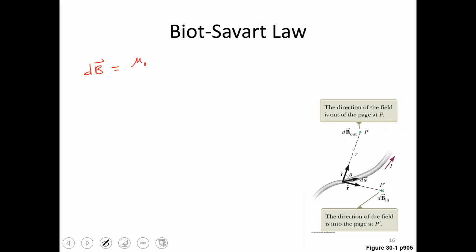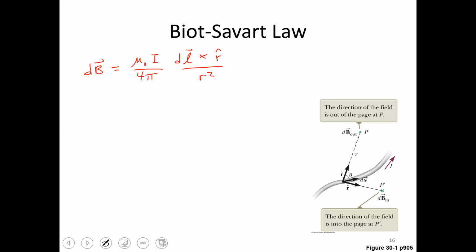And it should look like this. So we've got mu 0 times I over 4 pi, and then we're going to have that tiny element, that little bit of length of this current element, crossed with an r hat over r squared.